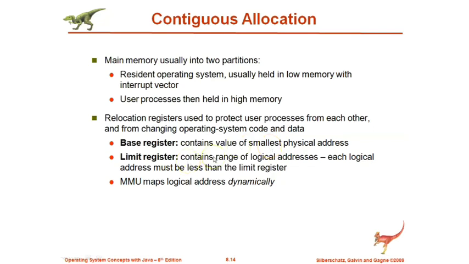Starting from the base register, the limit register denotes the safe memory area to be used by the process. Here the MMU maps logical addresses dynamically to physical addresses, which we saw already.